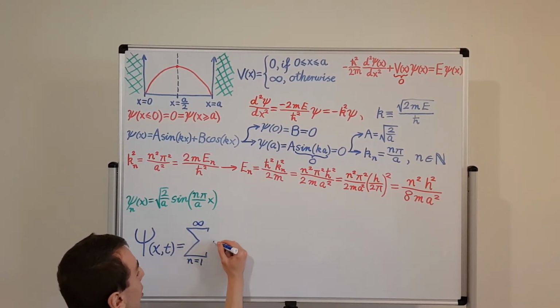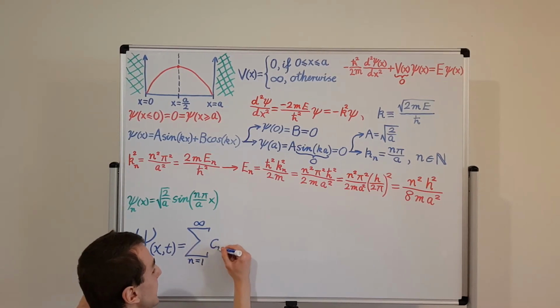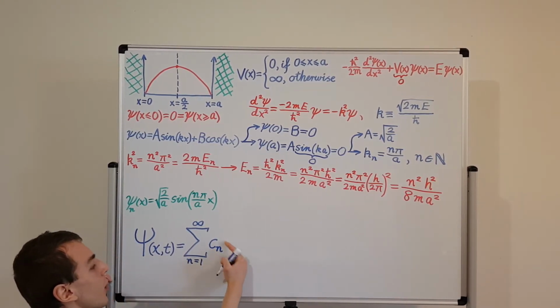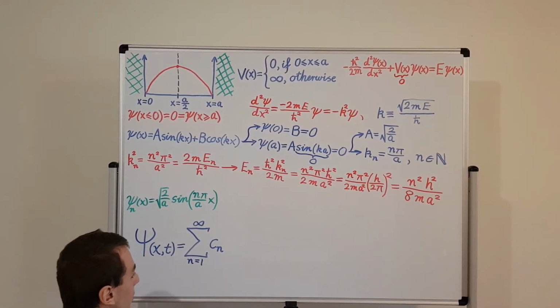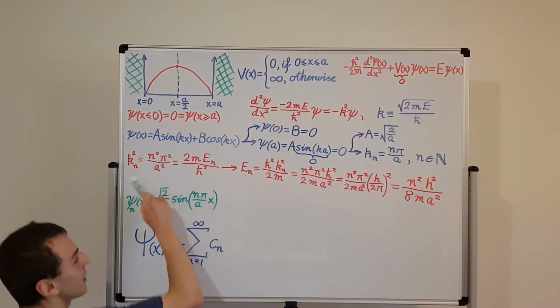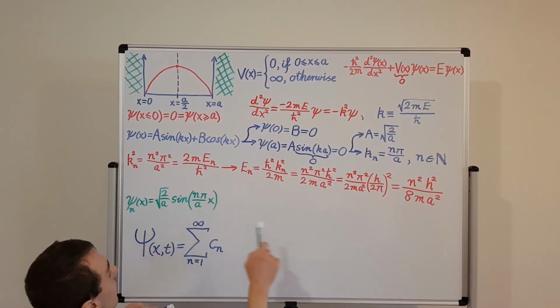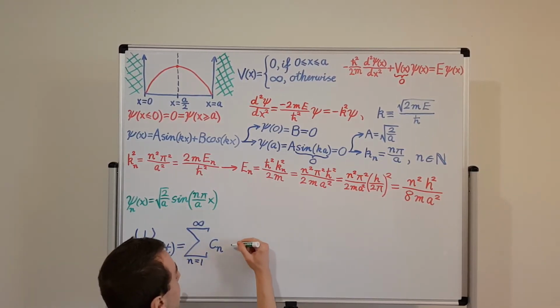And we're going to need some coefficients. I'm going to call those coefficients c sub n. This is the nth coefficient of one of these functions. I'm going to switch colors to green just to make sure that we're taking into account that this is the eigenfunction. So this is the same eigenfunction.